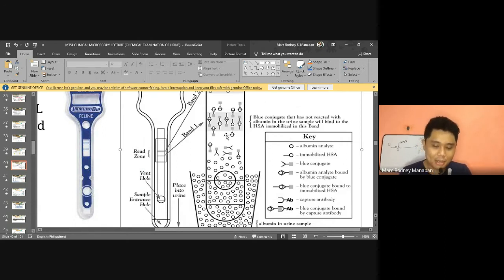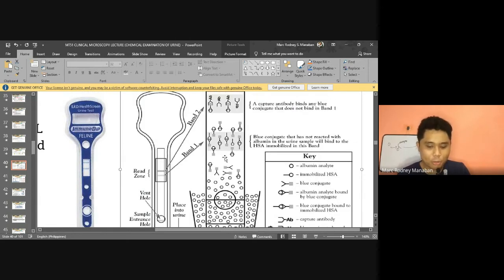So reagent siya mismo, meaning naa siya sa imuhang kit daan, okay? So sa band 1 kani siya ang immobilized na mga albumin particles diri, alright? And what's its purpose? It will capture the unbound, okay? Unbound na kani mga conjugate diri sa ilalom na wala nakabind sa imong albumin na naa sa ihi. Okay? Alright.